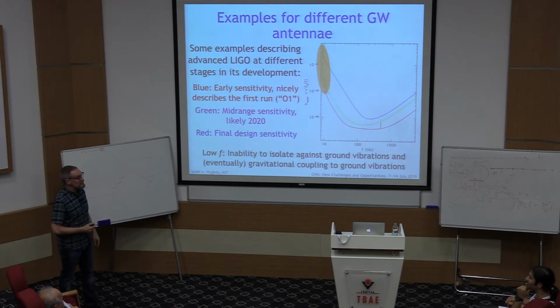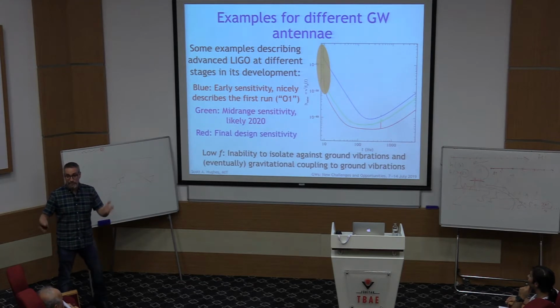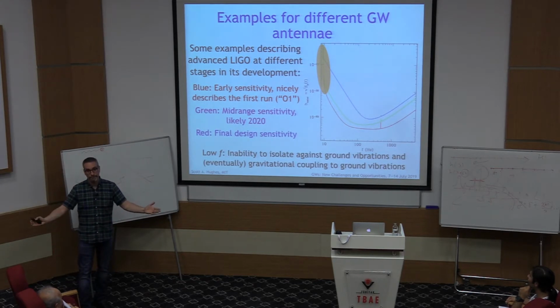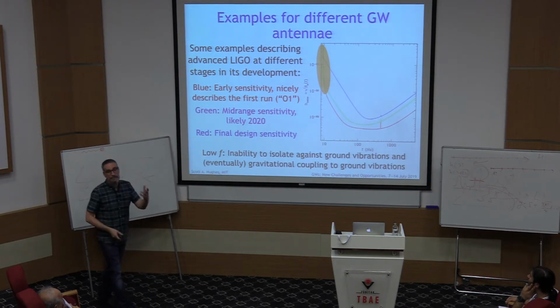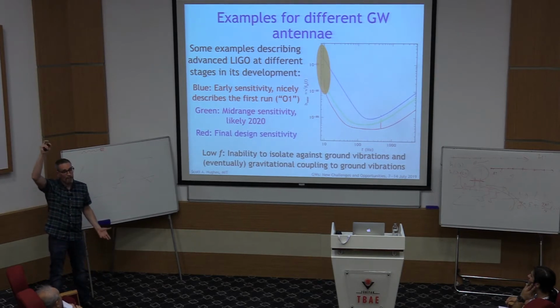At the lowest frequencies of all, you're eventually limited by the fact that, as I've emphasized several times, we're doing these measurements on Earth. Earth is a noisy place. If you build a really good suspension stack, you can isolate it such that you're completely insensitive to gravitational waves below this frequency, but totally sensitive above it. And you have to choose which frequency to do that at. That depends on things like how long of a pendulum you can make.